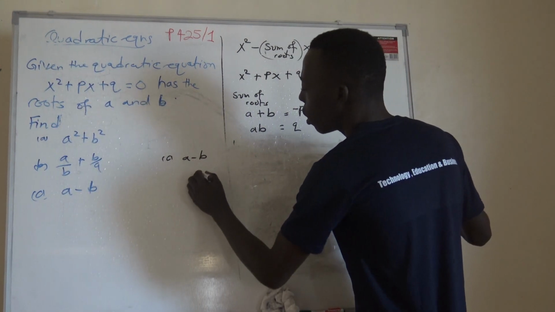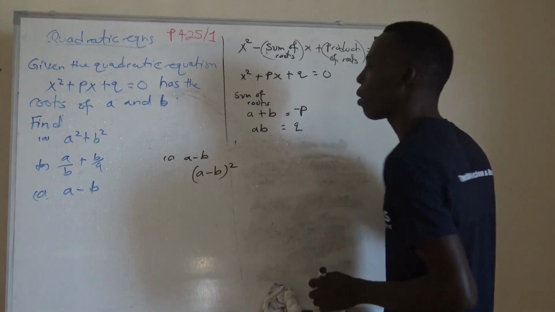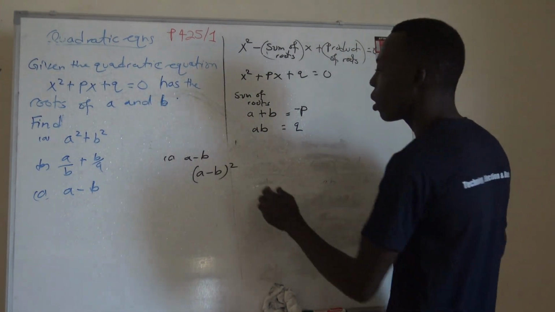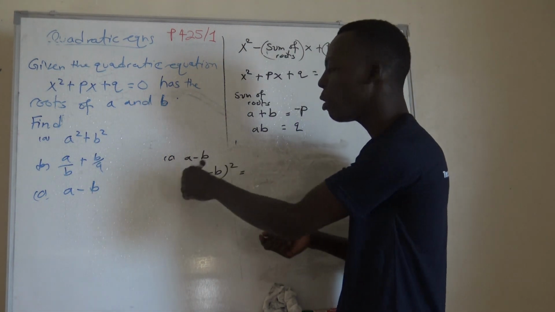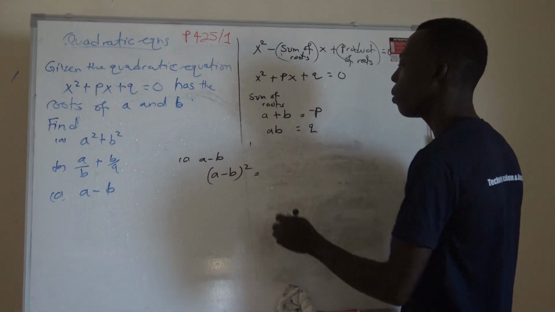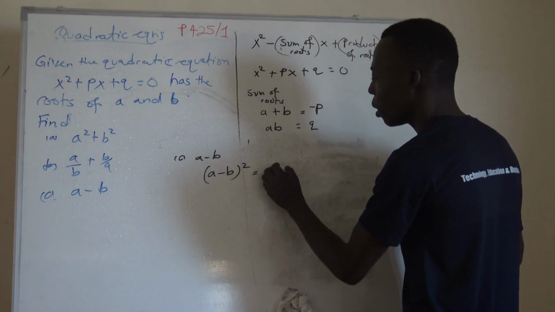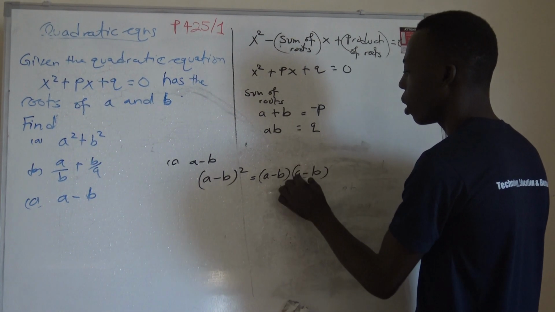It is a minus b. Then we square it. After squaring, we have to expand it, so that when I try to remove this square, I remain with a minus b. So we expand this, which is a minus b, then a minus b.